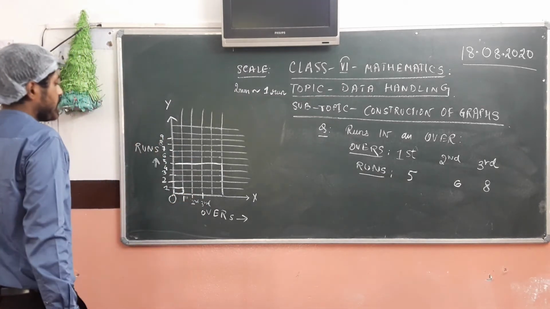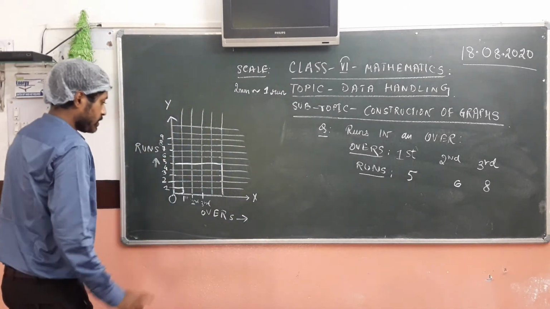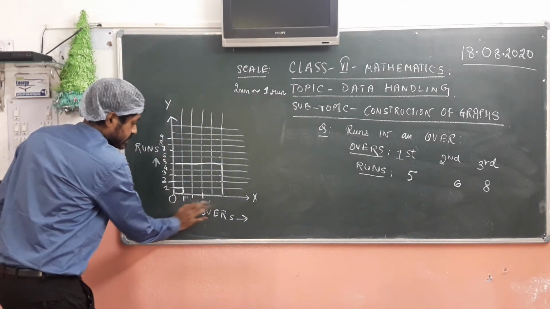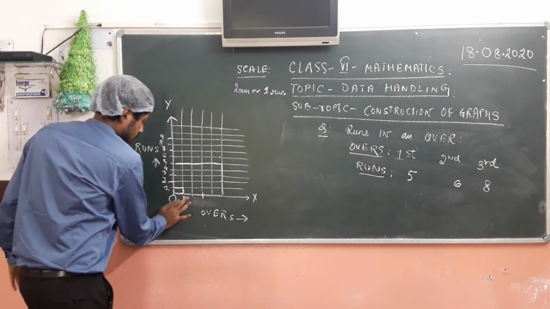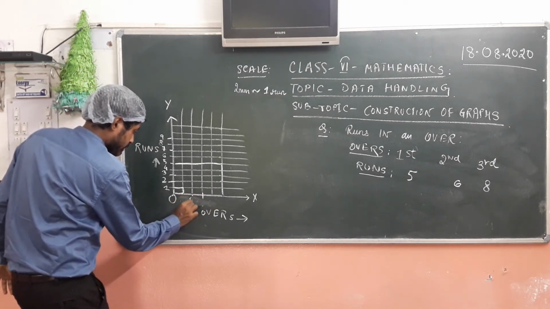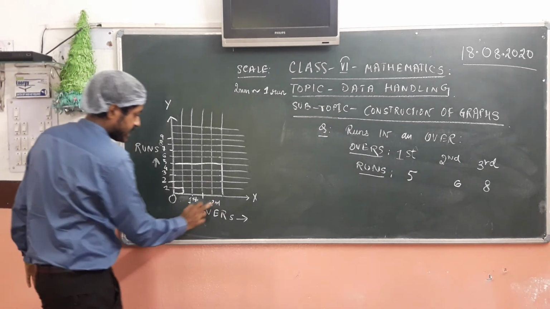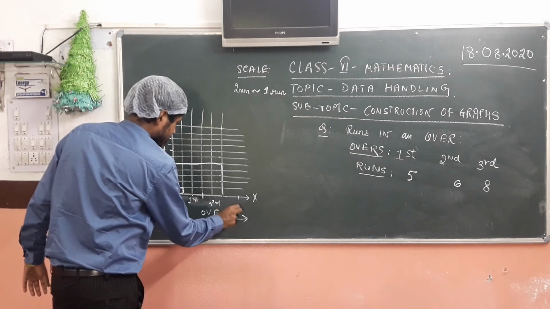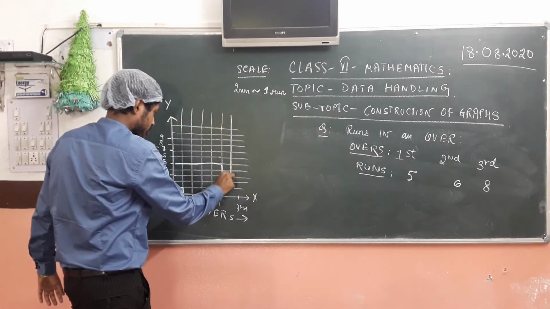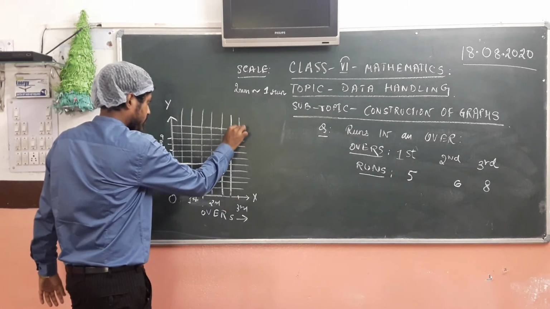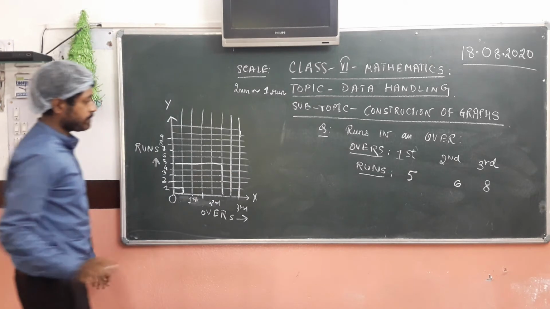If we are doing a bar graph, within this limited area, I can leave 2 spaces and write first, leave 2 spaces and write second, leave 2 spaces and write third here. So 1 line will be here and another line will be somewhere here.